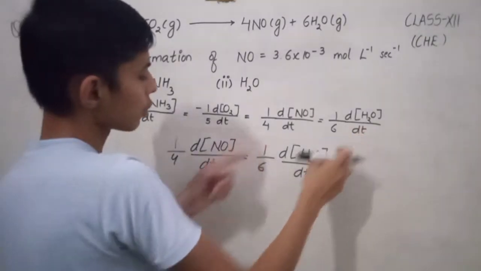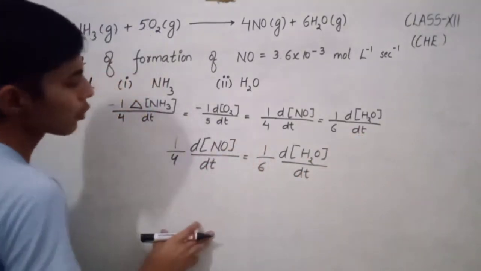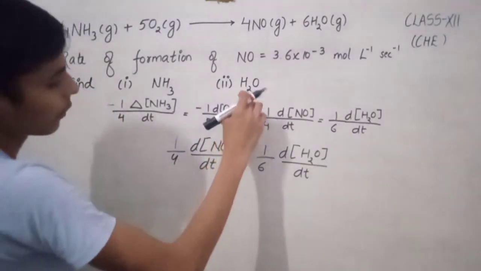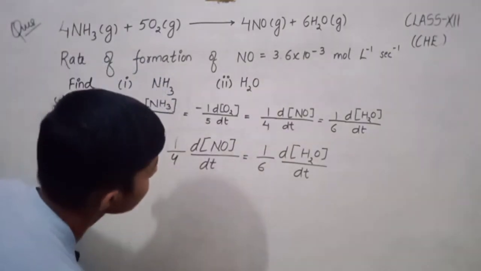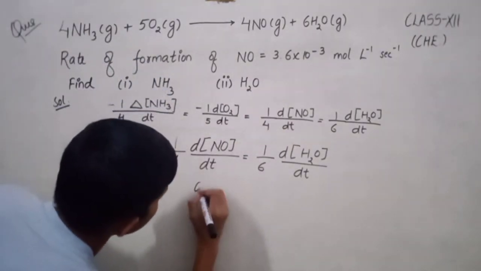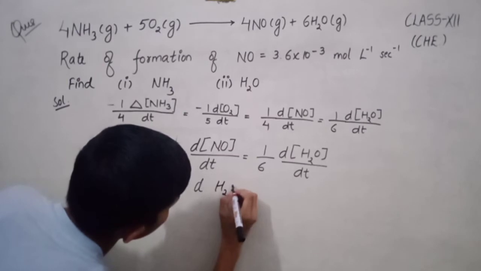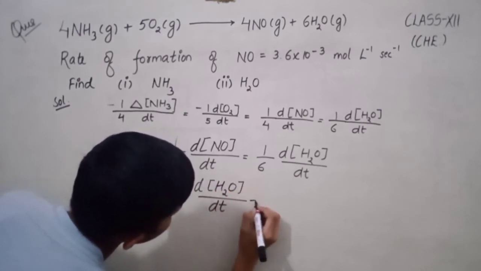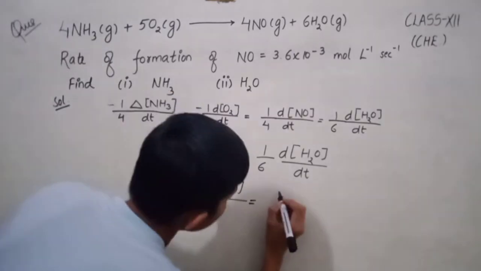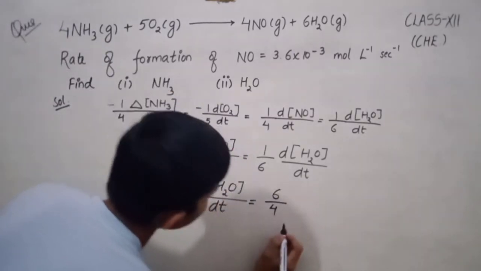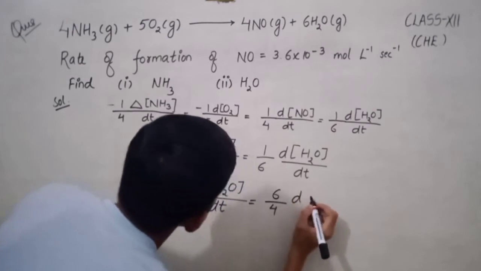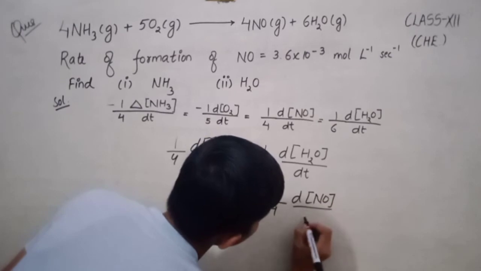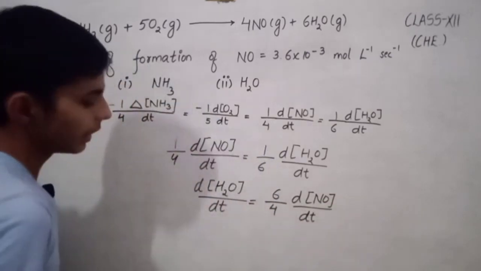These two expressions are equal, so we equate them in this manner, and we have to find the rate of formation of H2O. That is d concentration of H2O divided by dt equals to 6/4 into d concentration of NO divided by dt.